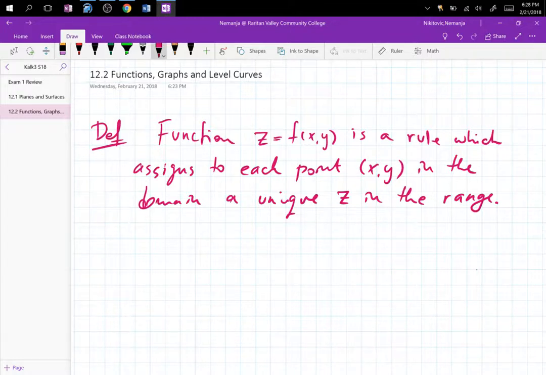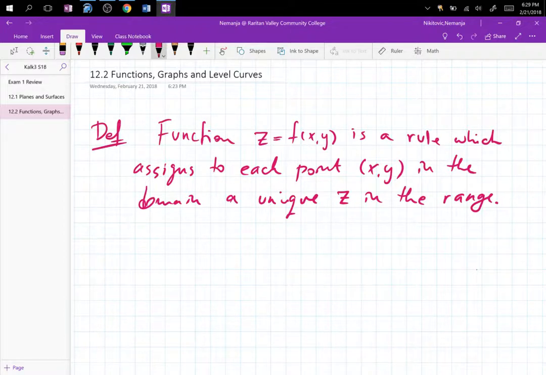So, there is a location on the floor, and then you draw a normal, orthogonal vector up. It's going to hit the ceiling in one point. And that's the z that is produced with the x y input. So now your input is both x and y.